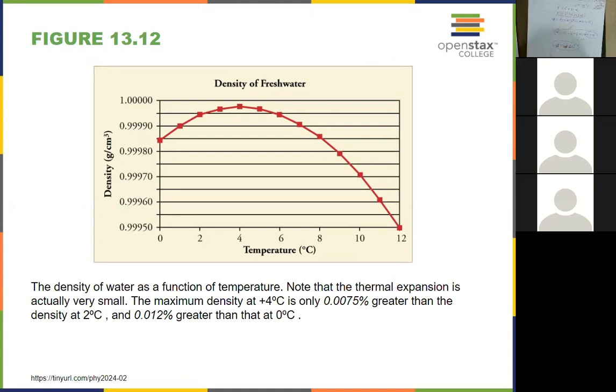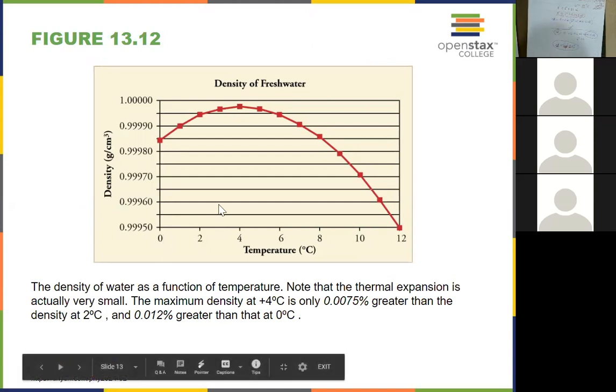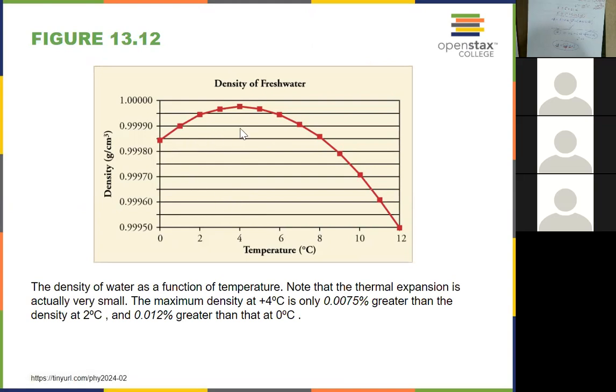In the temperature range from 0 degrees Celsius to 4 degrees Celsius, if your temperature increases, the volume actually decreases, because the density increases, which means the volume decreases. So this is one exception you will encounter for water in this range from 0 to 4. When temperature increases, the volume actually decreases.